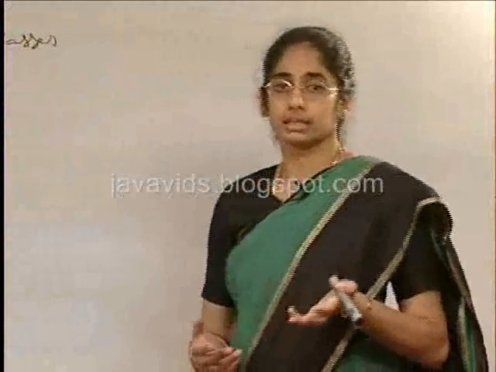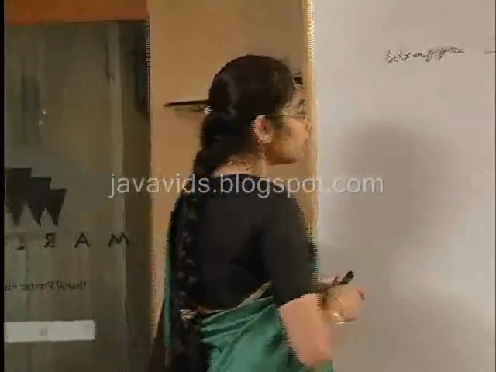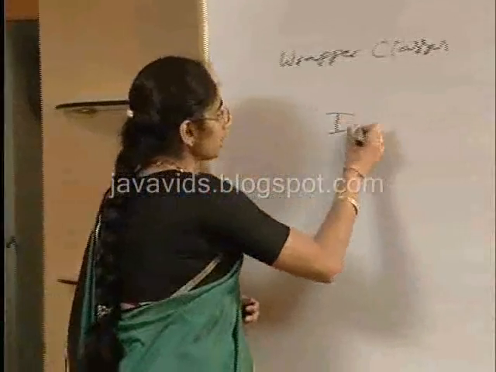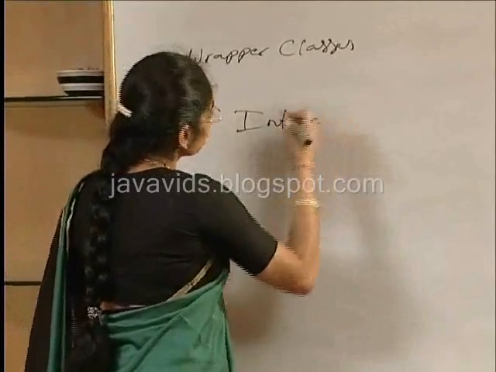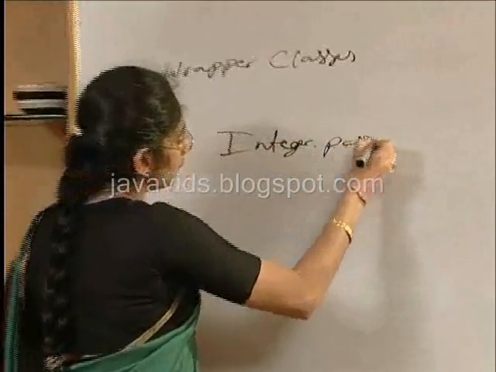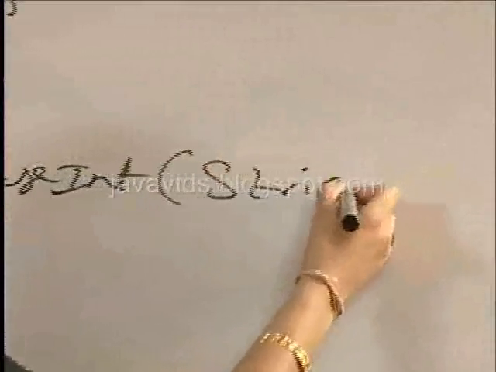How do I convert from string in these cases to the appropriate data type? We use the wrapper class. For example, you want to convert from string to an int type, you use the wrapper class Integer which provides you with a method called parseInt. To this you pass a string, this returns an int.